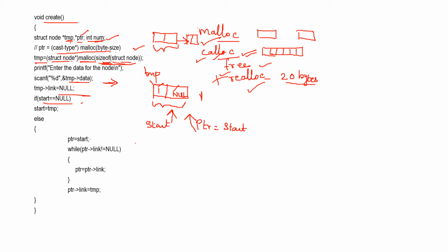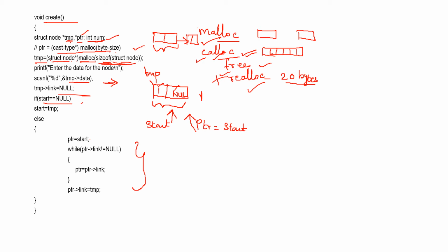And this is the code used to traverse the several nodes of your linked list. What I am writing here is: while ptr->link not equal to null.